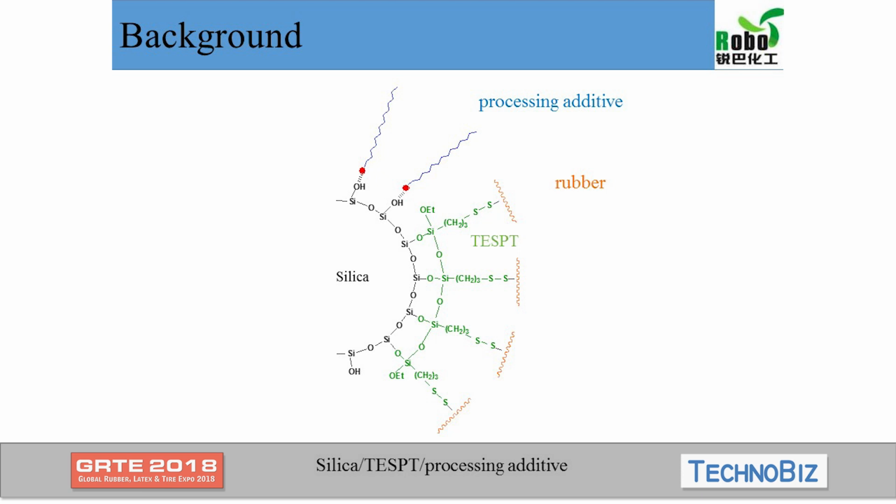One bifunctional silane coupling agent, for example TESPT, and the processing additives are both needed in the silica-filled rubber compound. Both of them will improve the dispersion of silica in the rubber matrix via chemical and physical linkage.